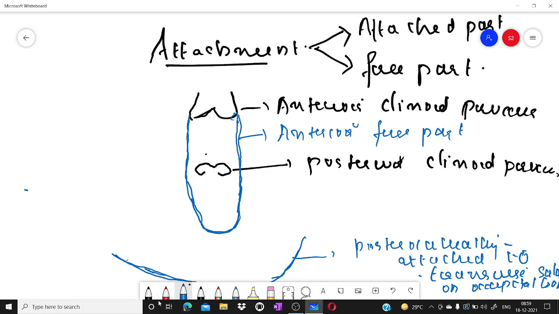Now anterolaterally, it is attached to the superior part of the petrous temporal bone. So this is the anterolateral attachment.